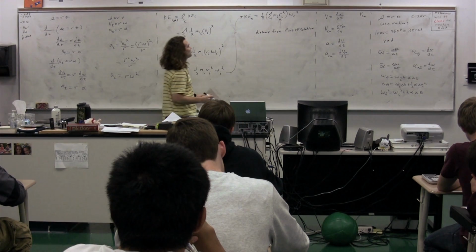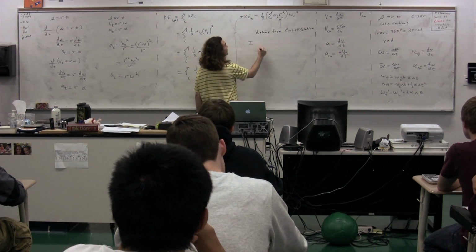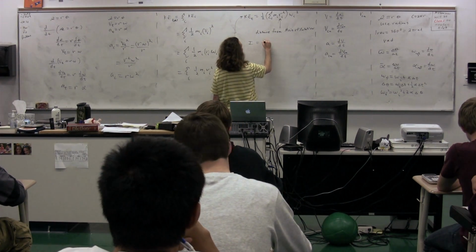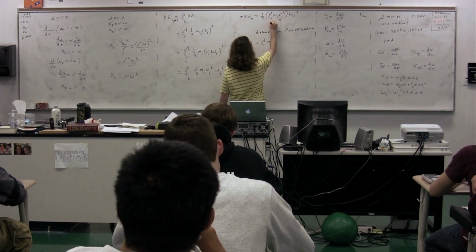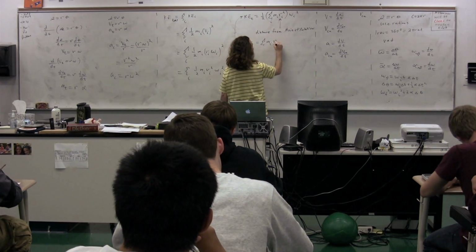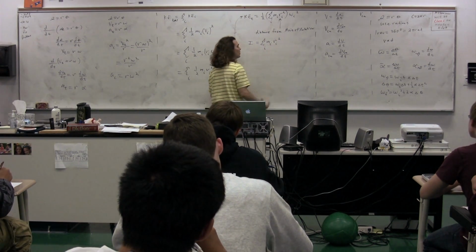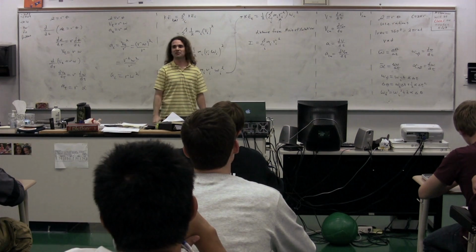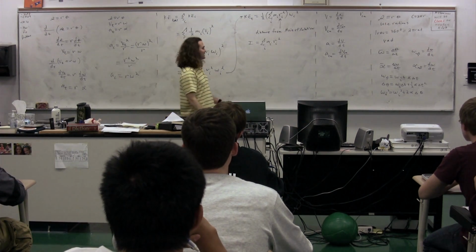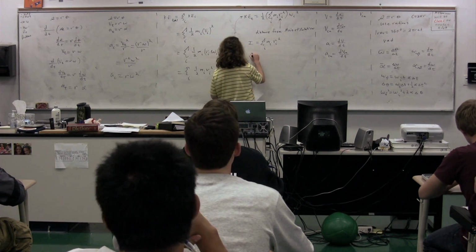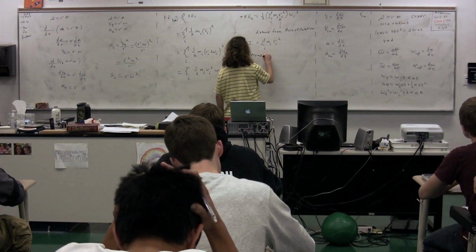And this has a specific name. I is equal to the sum of the mass times the distance from the axis of rotation squared, where I, unfortunately, does not stand for impulse. I stands for the moment of inertia.